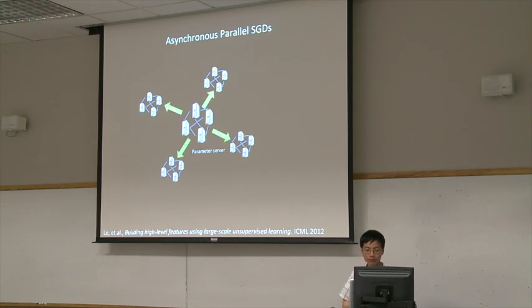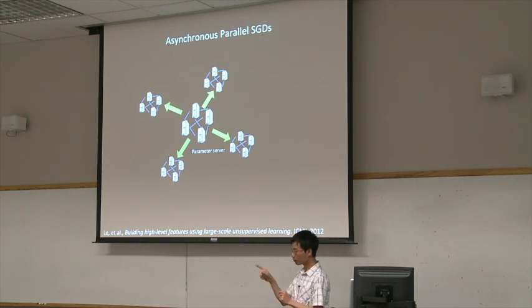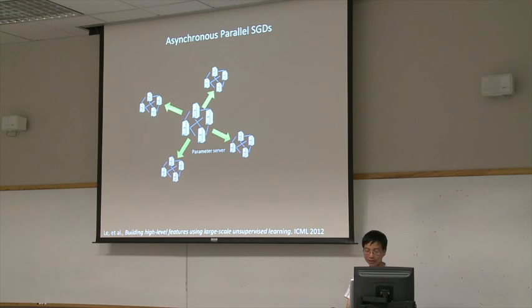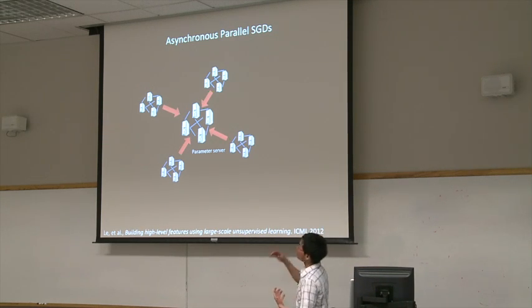And then every once in a while, the server will inform one of its slaves of the current state of the parameters. It will send the parameters to each of the slaves. The slave grabs the parameters asynchronously, computes the gradient, and sends the gradient back to the parameter server.